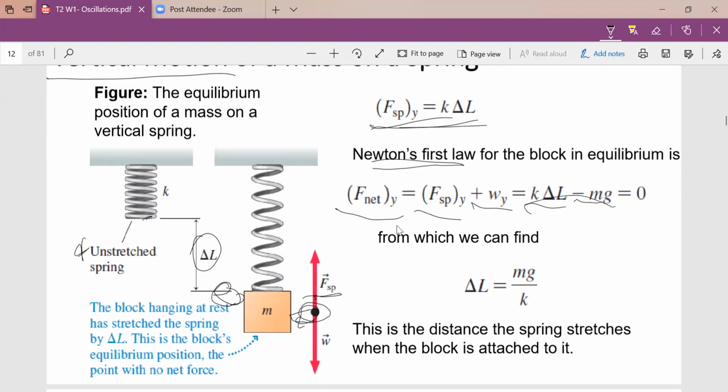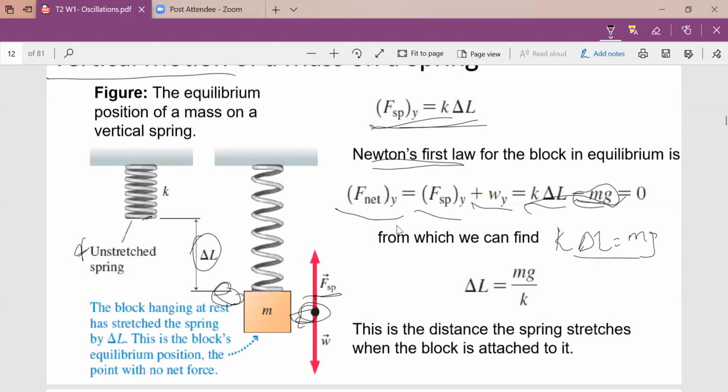So from this expression, we can actually say that k change in L is equal to mg. And if you make change in L the subject of the formula, that's when you have mg over k. Okay, so what we just did was to first say k change in L, move this across the sign of equality, it becomes mg.